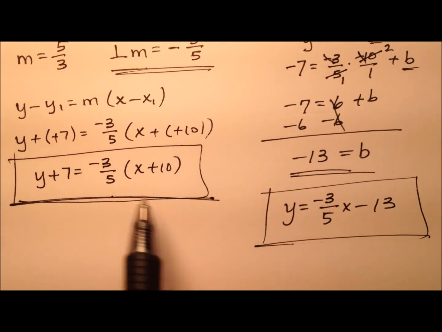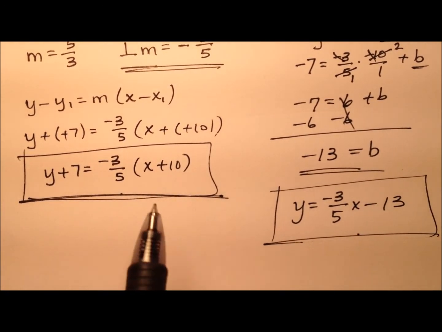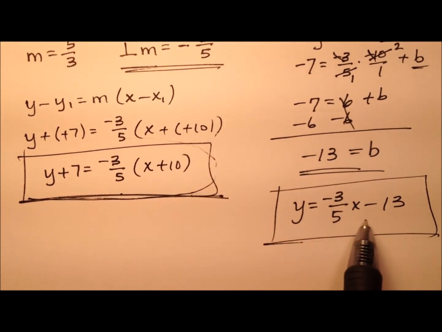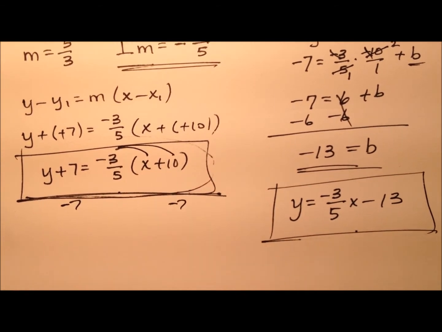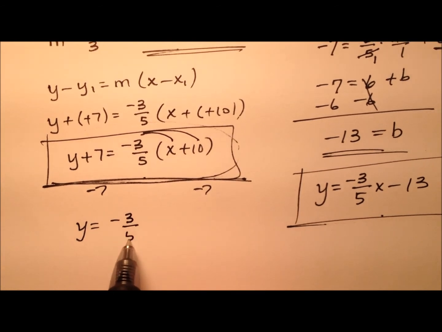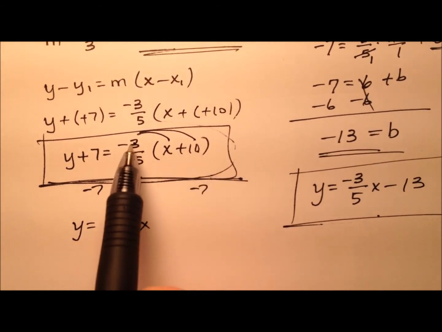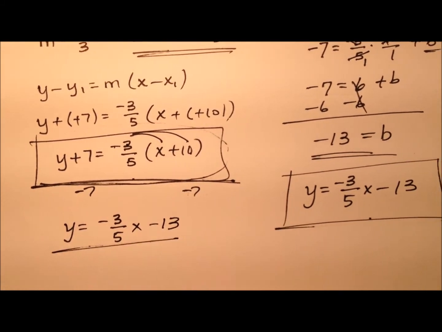So here are my two equations. They are describing the same exact line. Let's transition this one from point-slope form to slope-intercept by distributing and then subtracting 7 from both sides. So y equals negative 3/5 x, and 3/5 of 10 is 6, but it's negative, so negative 6 minus 7 is negative 13.